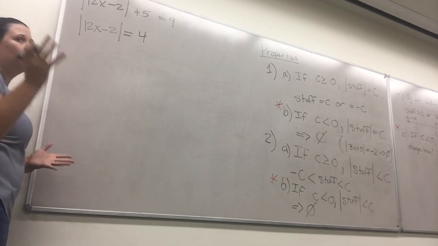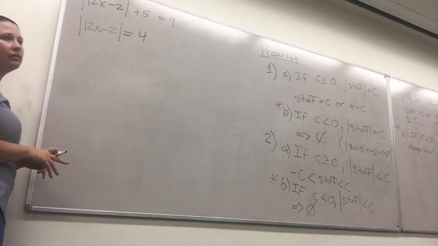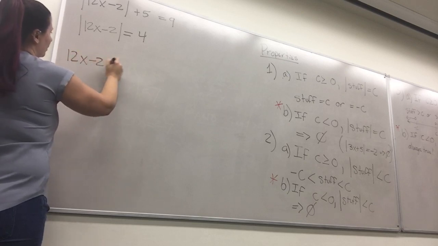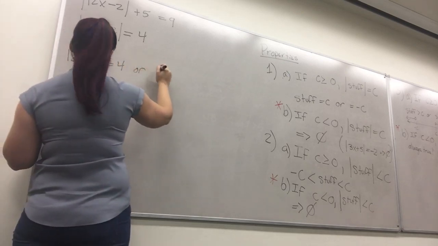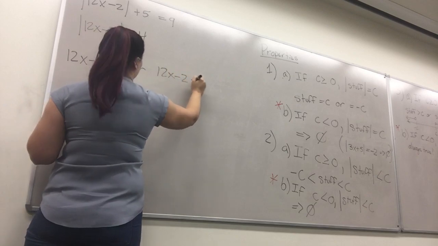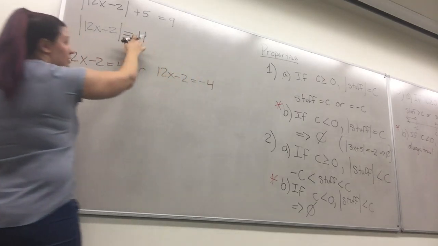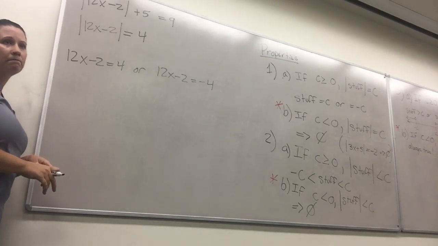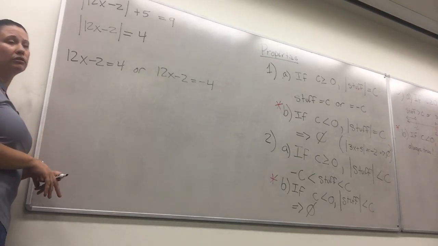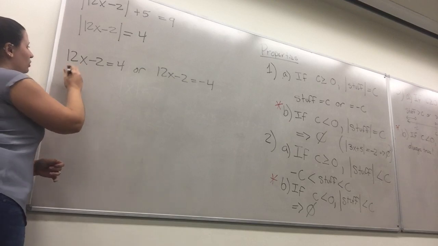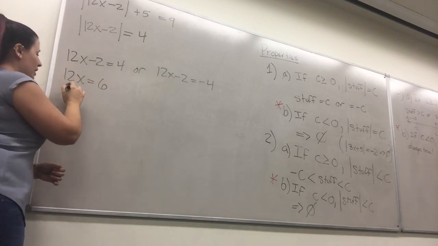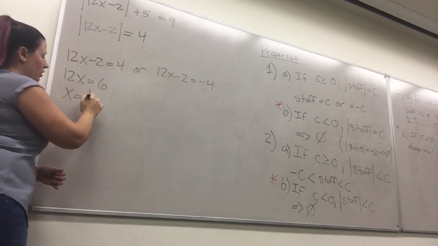Okay, now we do it again, right? The positive version or the negative version. Because this is a positive number, right? And then we solve. So we add the 2, so 12x is equal to 6, and divide by 12, so x is equal to 1/2.